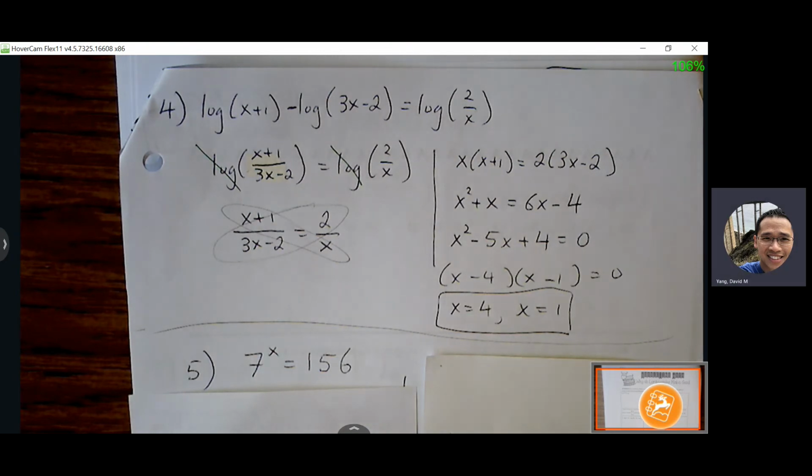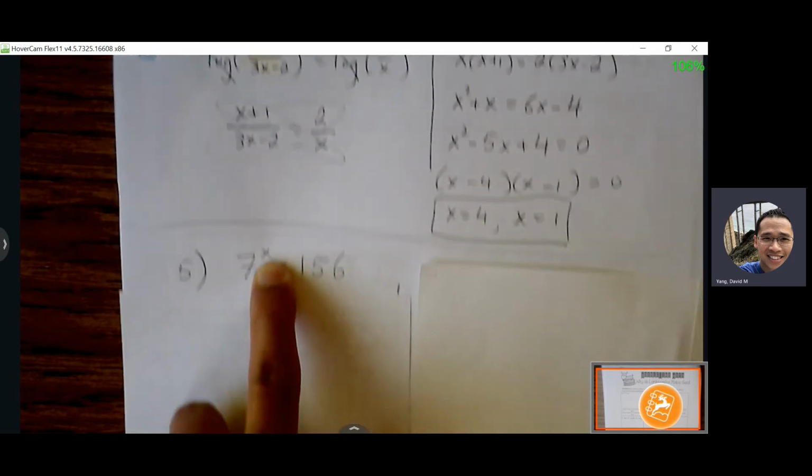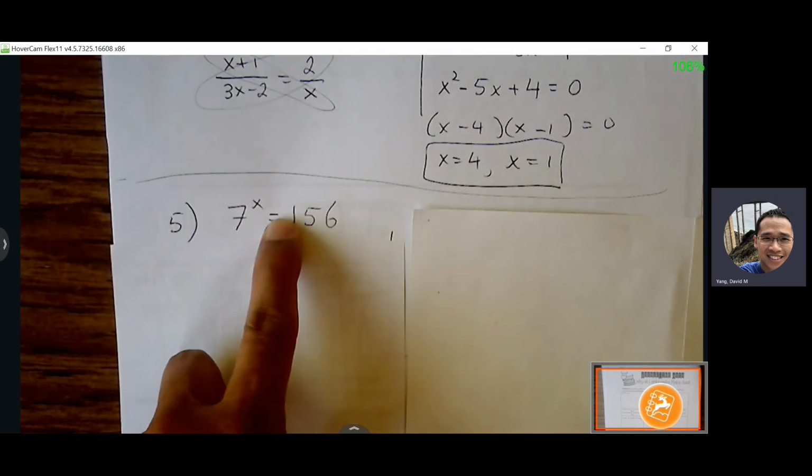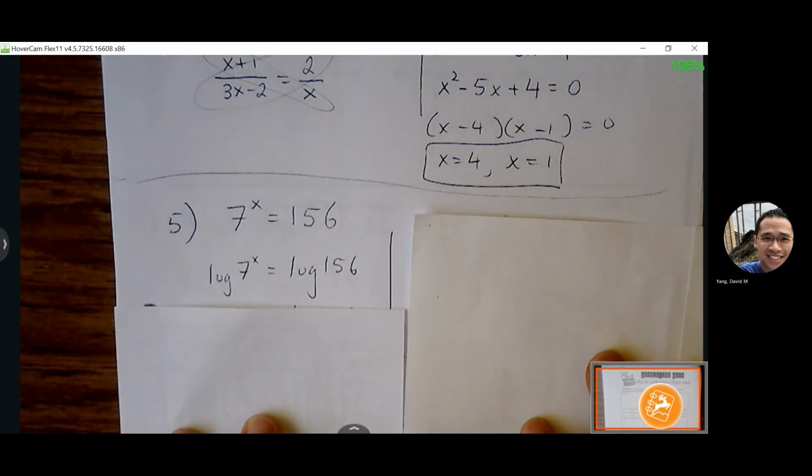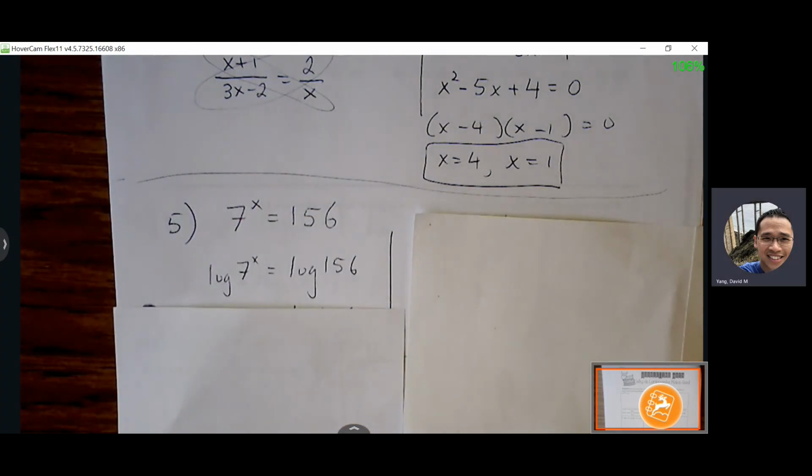So anytime I'm looking for an exponent variable and I can't get the bases to match, I'm going to take the log of both sides. X is now free to come down. Power property.